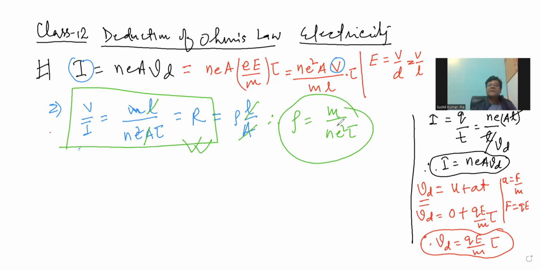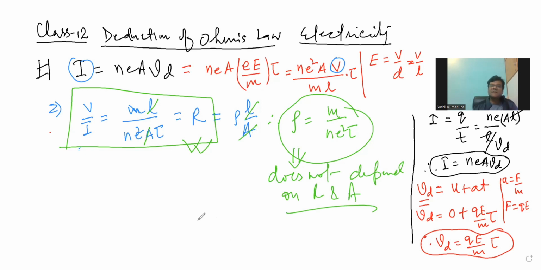In this, length of the conductor is missing, cross-sectional area is missing, and this is the reason we say that rho does not depend on length of conductor and cross-sectional area of conductor. So this is very significant. You get a 3 marks direct question in NCERT also.